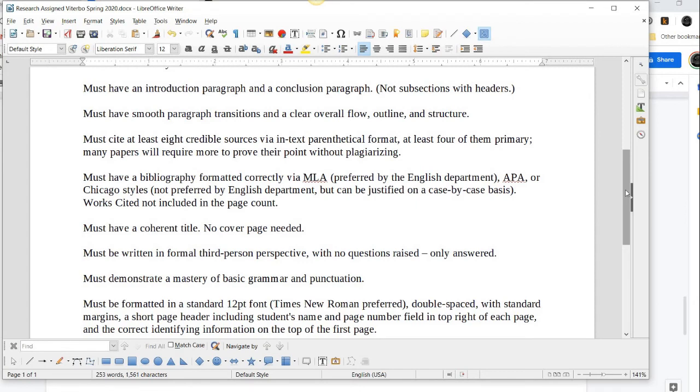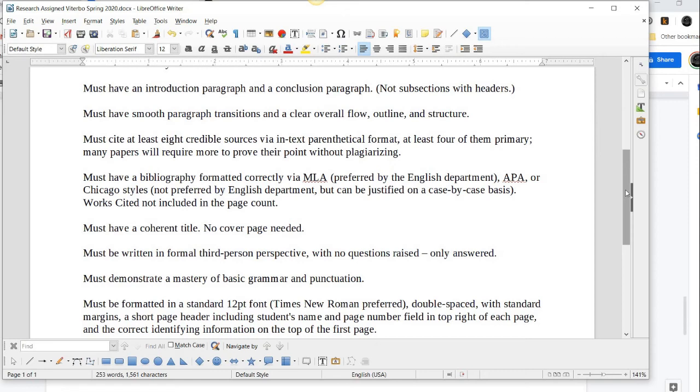There will be times when you get to the research publication level of your career where you will have an entire section that is multiple pages long called an introduction or called the conclusion or called methods. Not this time. This time you have to have an introduction paragraph and a conclusion paragraph, but nothing that is multiple pages or multiple paragraphs that comes with headers and subsections.